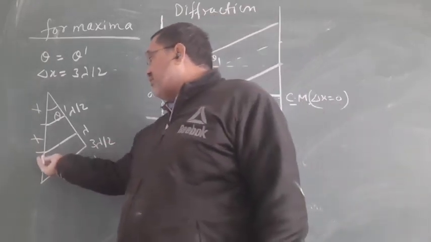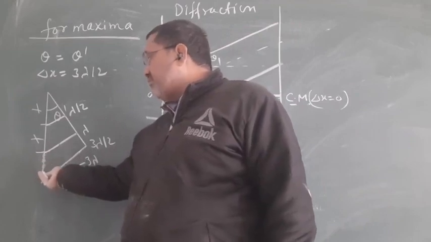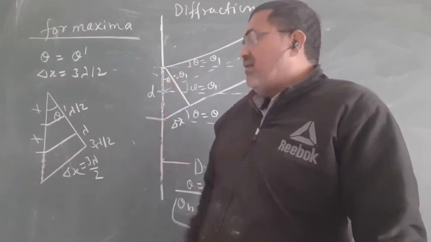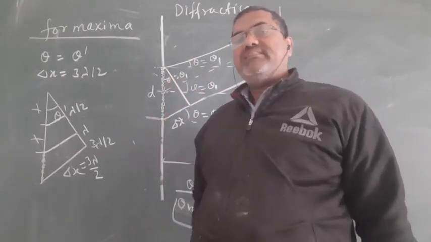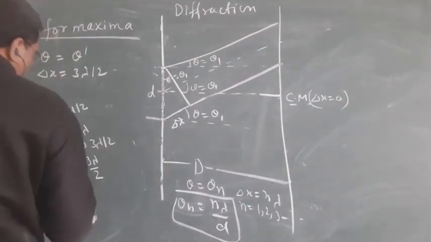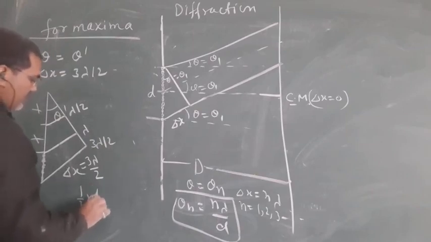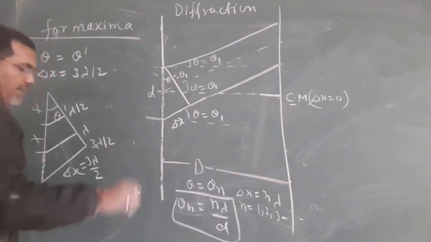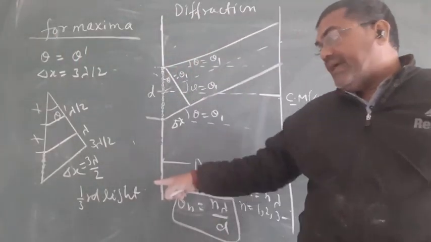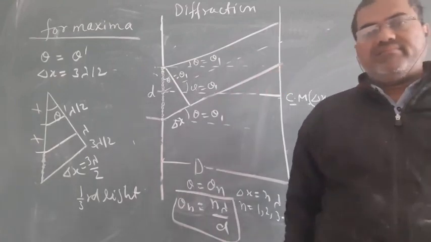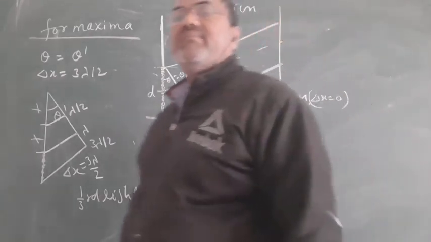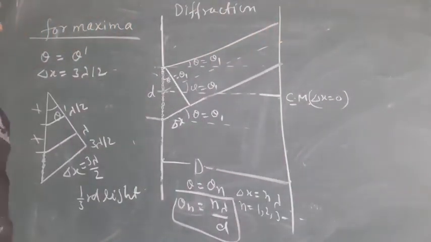So these particles create secondary wavelets, and the secondary wavelets go to the screen and make maxima, but the intensity of this maxima is not the same as the central maxima, because one third of the light makes the first maxima at the screen. So the intensity of the secondary maxima is lesser than the central maxima.